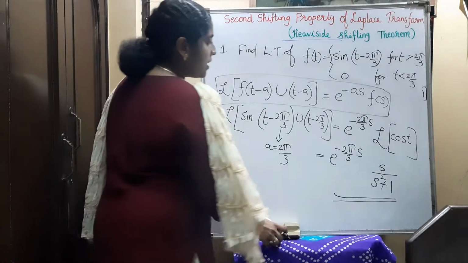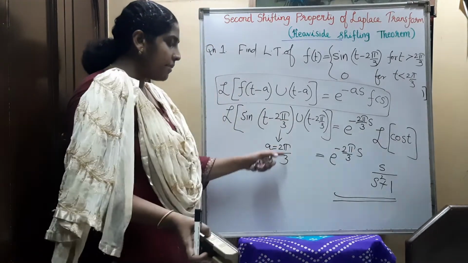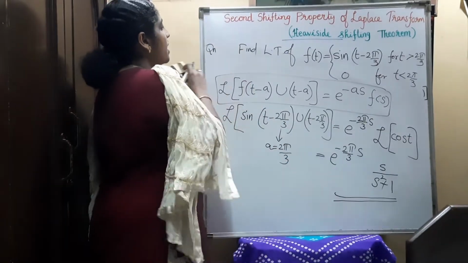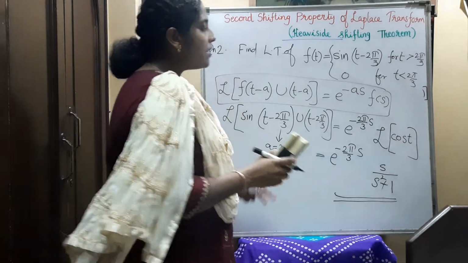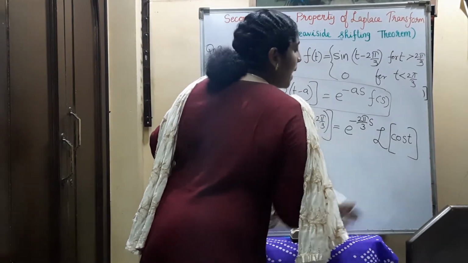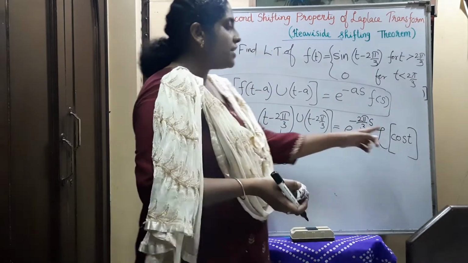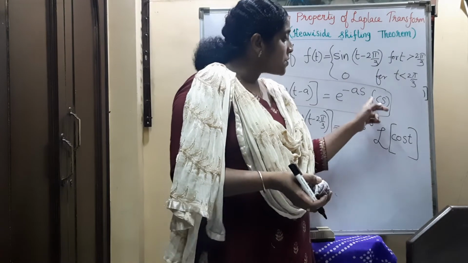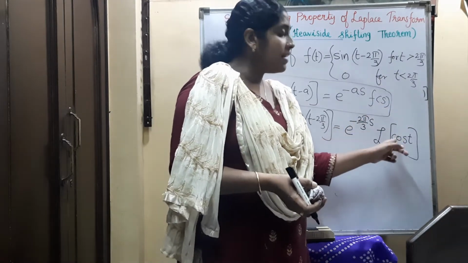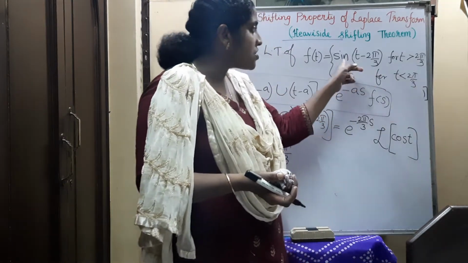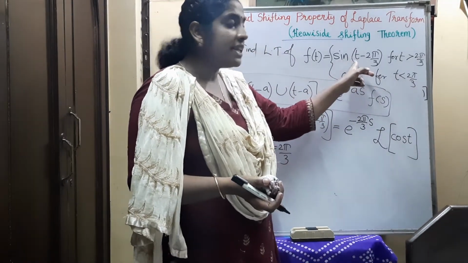So e raised to minus 2π by 3 s. What will be the function here? e raised to minus the Laplace transform of the sine function. Always remember, when we are substituting this F(s), that Laplace transform is without shifting. So here the function without shifting is sin t.